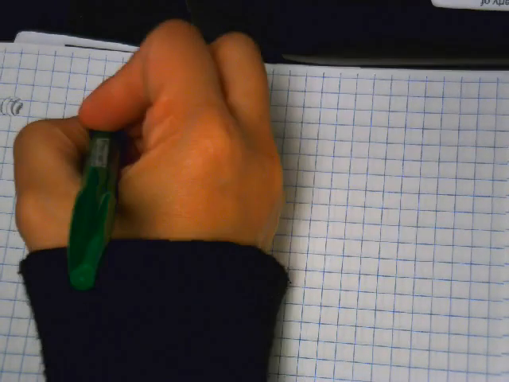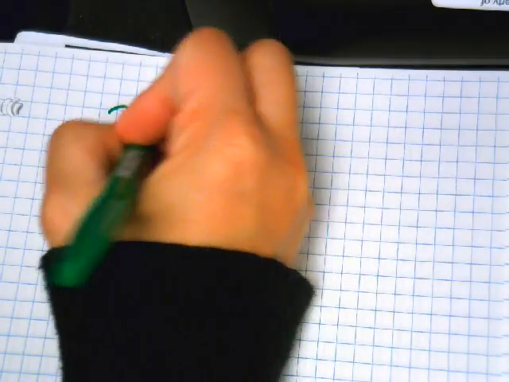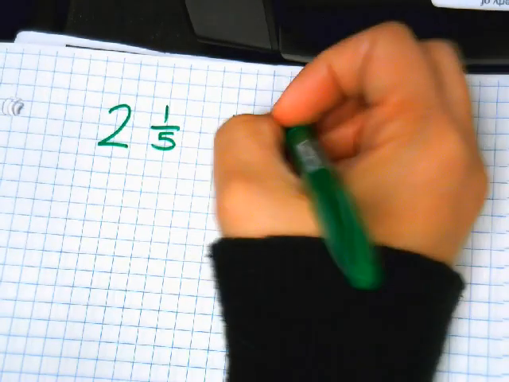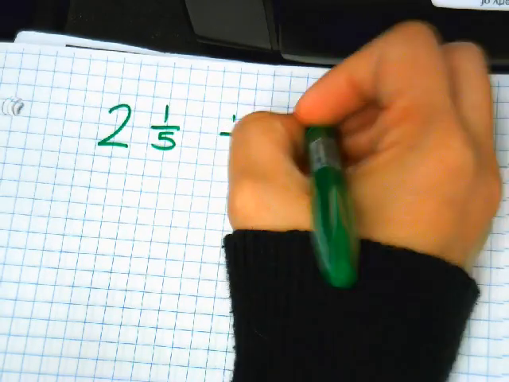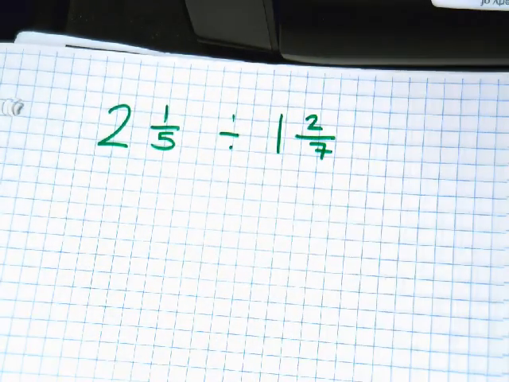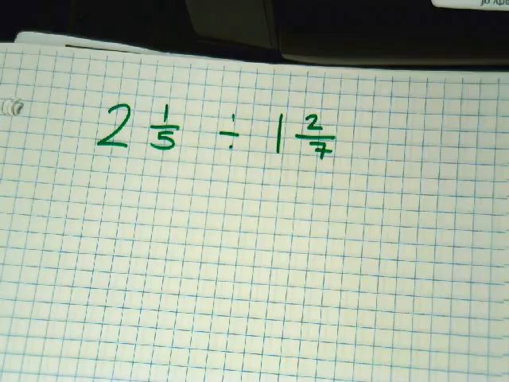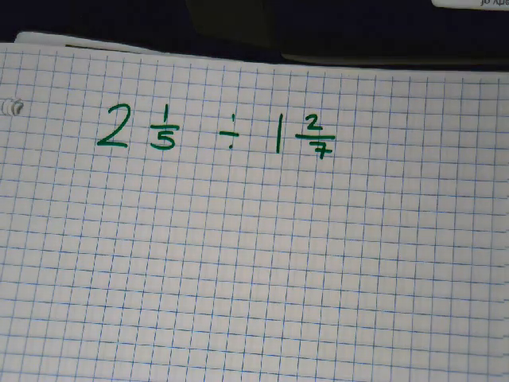So what if I give you 2 and 1/5 divided by 1 and 2/7? What do I have to do? You have to change it into improper fractions first. They are mixed numbers.